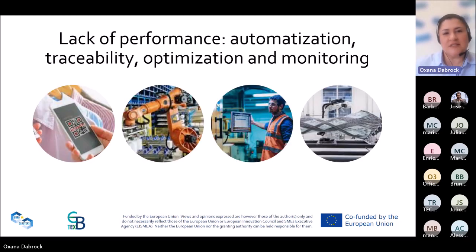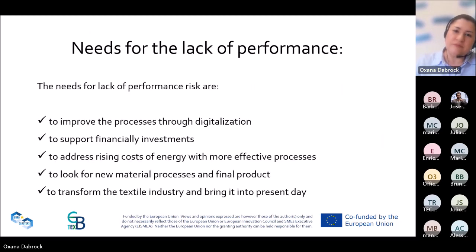The next risk is lack of performance, and this is the last of the 5 risks identified as common risks of the value chain, and is automatization, traceability, optimization, and monitoring.